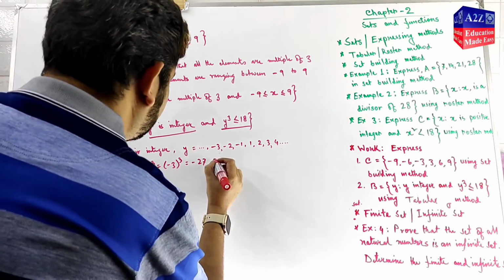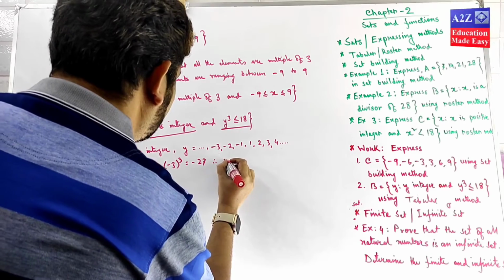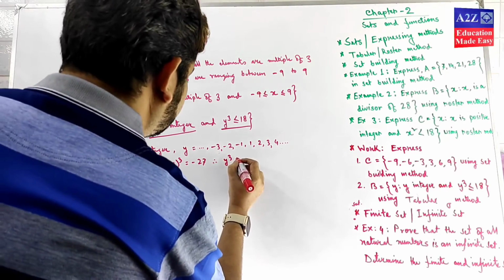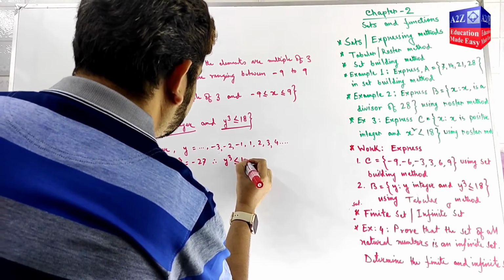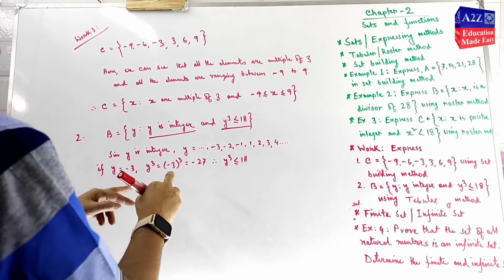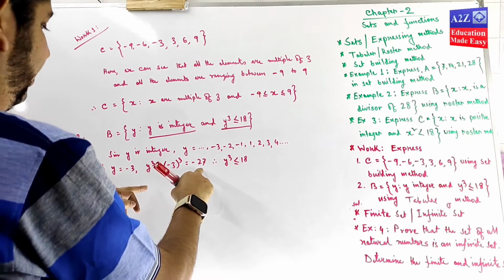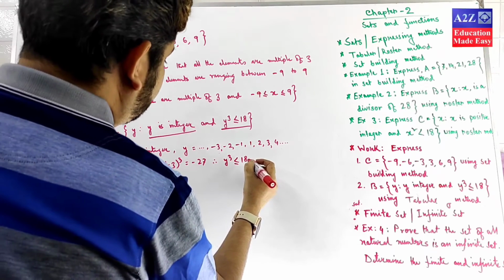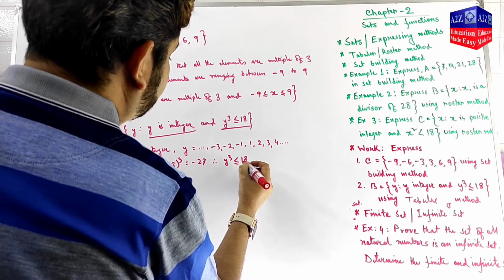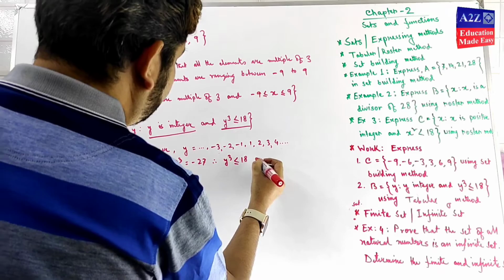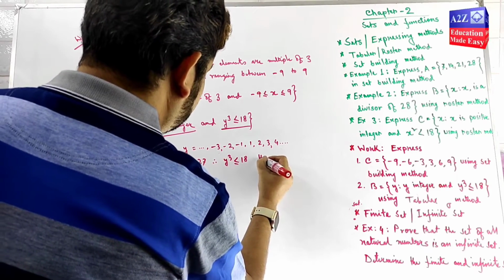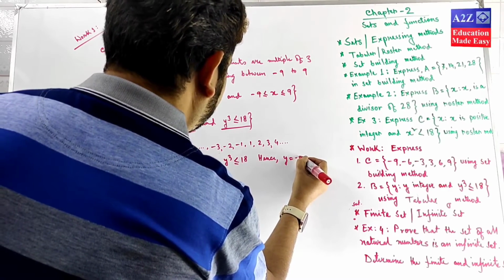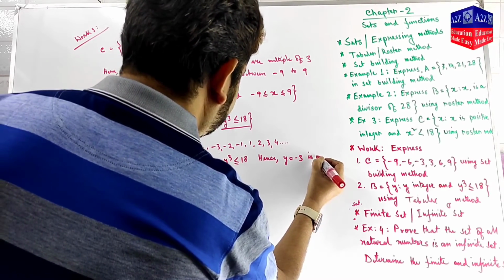Therefore Y cube, -27, is less than 18. I mean, this value satisfies the criteria. So Y cube is less than or equal to 18, and this is true. Therefore Y equals -3 is an element of this set.